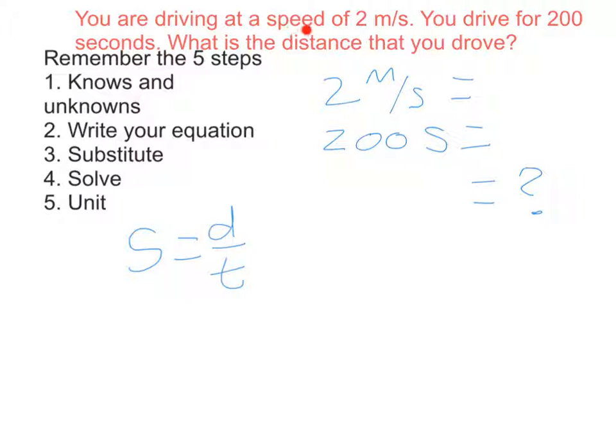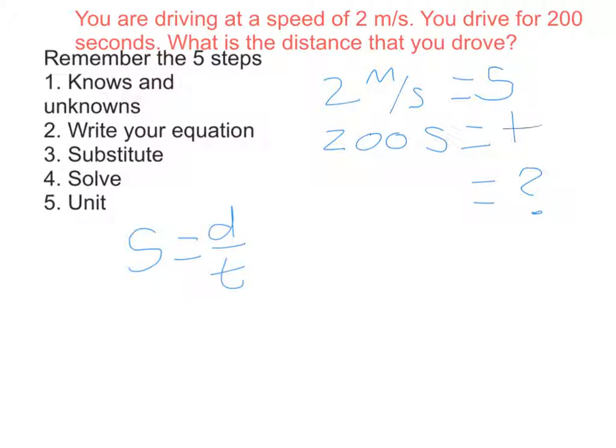So it says speed of 2 meters per second. Well, I know from class that meters per second means it's a speed, but my problem also tells me that it's a speed. So I'm going to say that 2 meters per second is equal to s. Then I'm going to look at my 200 seconds. The problem doesn't actually tell me it's a time, but I know my units of seconds mean time.